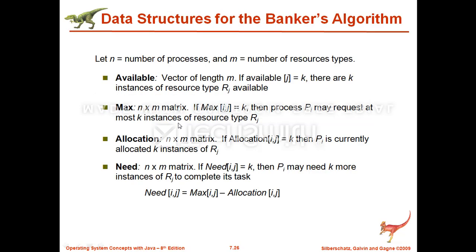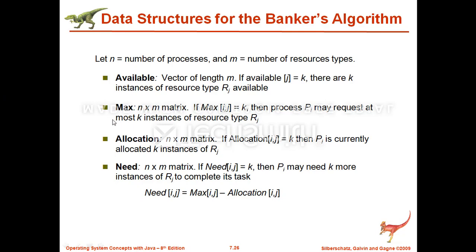Coming to the data structure for the Banker's algorithm, that is available. It is a matrix. In this, available is nothing but how many types of resources are available and how many copies are available, which will be represented in the available matrix.